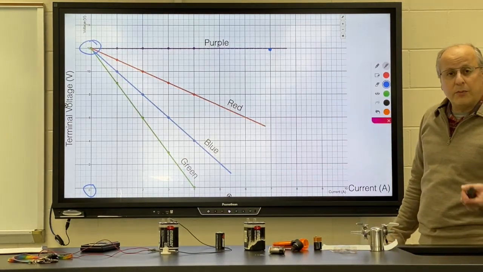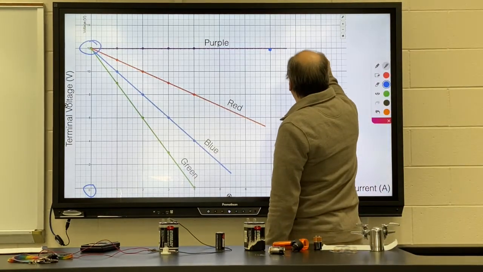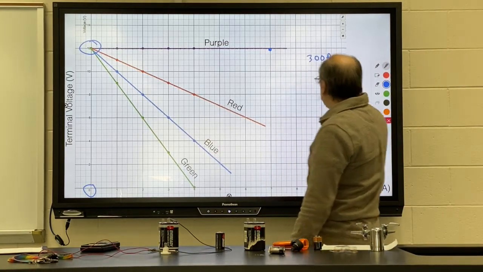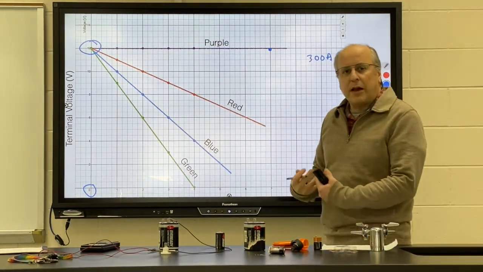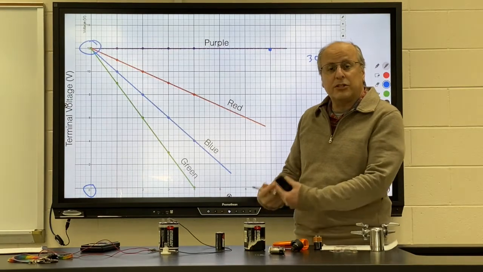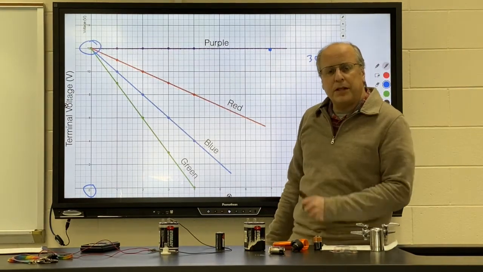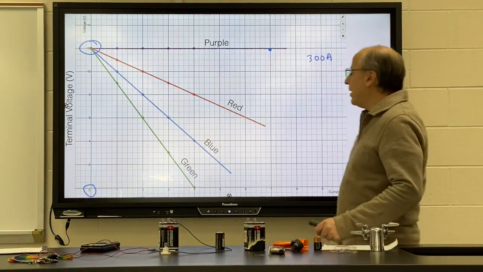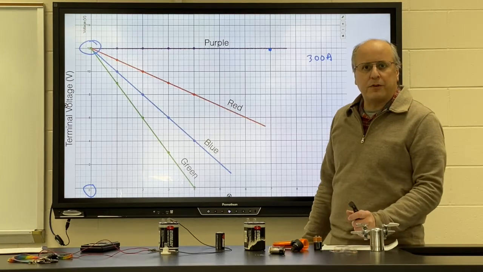This is important when you're talking about a car battery, because a car battery might have to pull 300 amps. None of these other batteries could actually give you the current that you need from a car battery to start it. You need your car battery to have almost a perfectly horizontal line. These other batteries, although they say 12 volts, will never start your car.